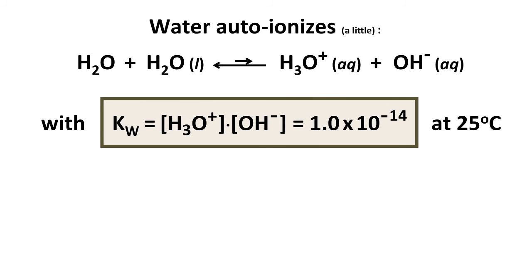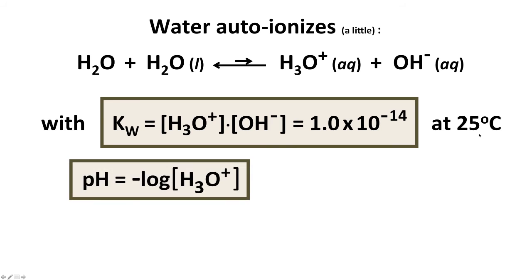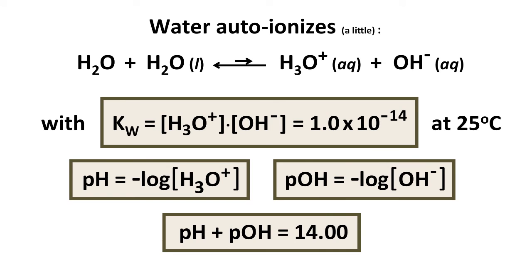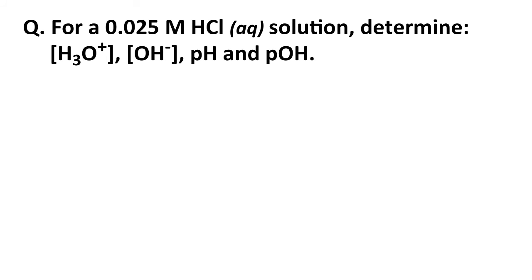Kw equals the H3O+ concentration times the OH- concentration, and that equals numerically 1.0 times 10 to the minus 14th at 25 degrees Celsius. pH is the negative log of H3O+. pOH is the negative log of OH-. And pH plus pOH adds up to 14. So, armed with these relationships, we can now do a problem involving all of them.